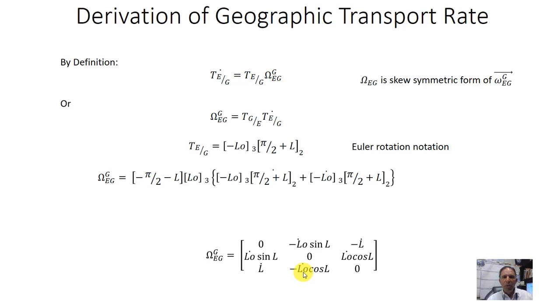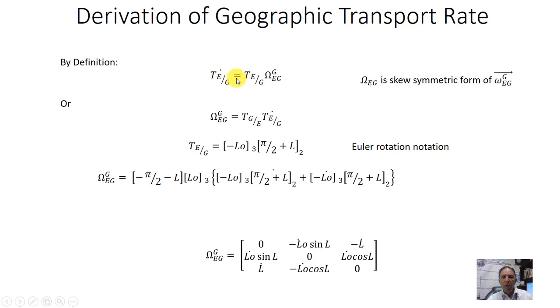Okay, now we're going to derive what we call transport rates in geographic coordinates. We begin with the fundamental equation associated with derivatives of direction cosine matrices.